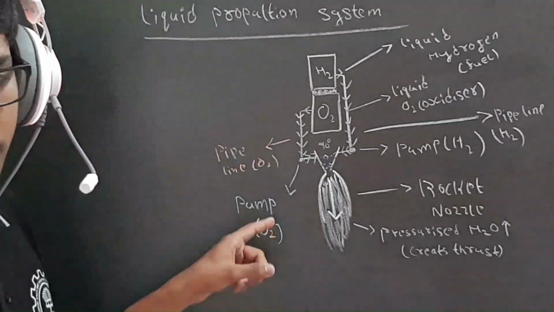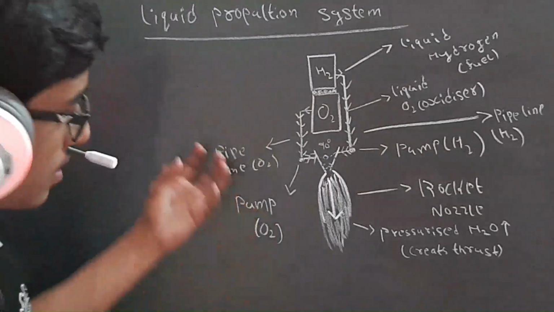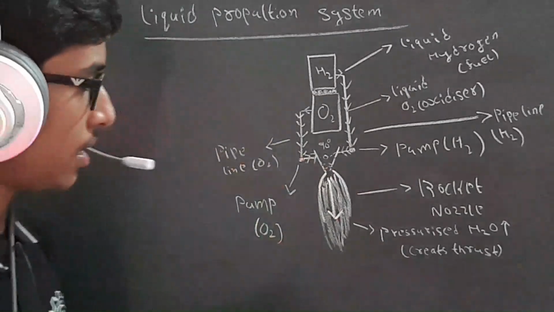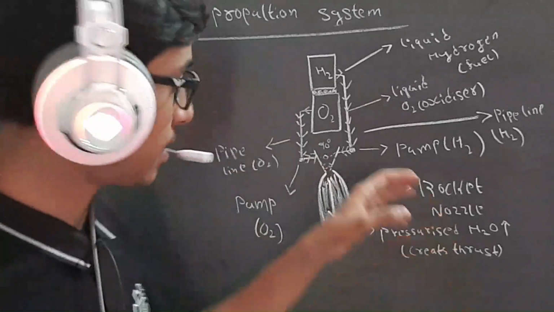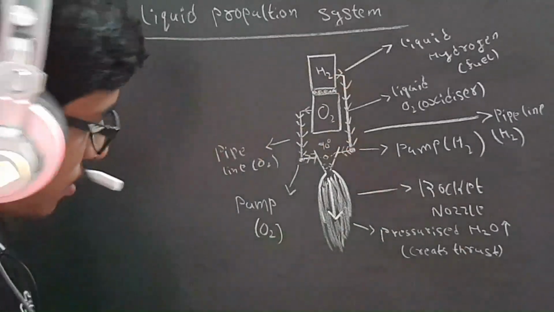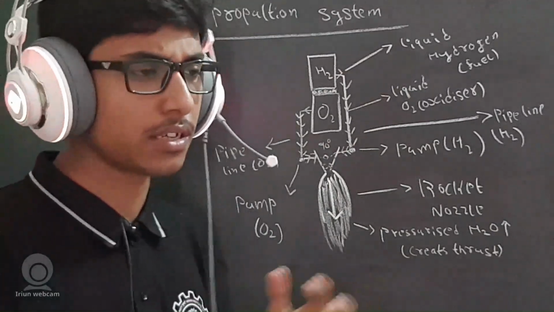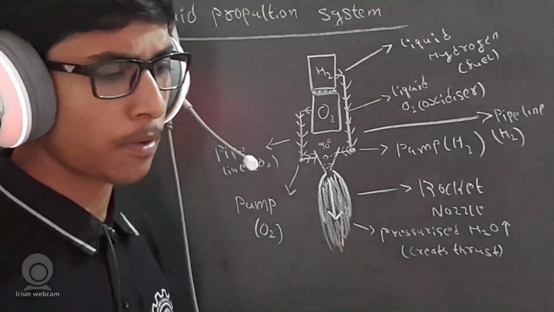One thing I haven't mentioned is that there's a pump for the oxygen itself. Yes, they both are controlled, and they are not mixed in the container itself. So just keep it in your mind. This was the basic mechanism, the physical mechanism, you can say, of the propulsion system.